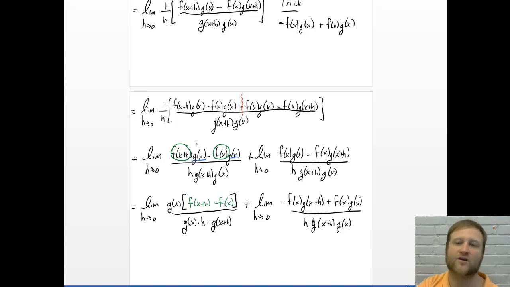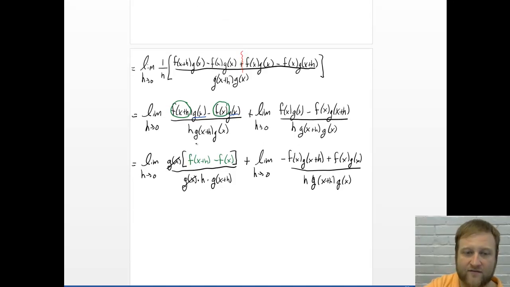So what I'm going to do in our next step is that I'm not only going to factor out a function of f of x, but I'm going to factor out a function negative f of x. So in this circumstance, since we are taking the limit as h approaches 0, g of x, our function of g, is actually just a constant. And we recognize that we are allowed to pull out any constant that exists. So in this circumstance, I will continue.